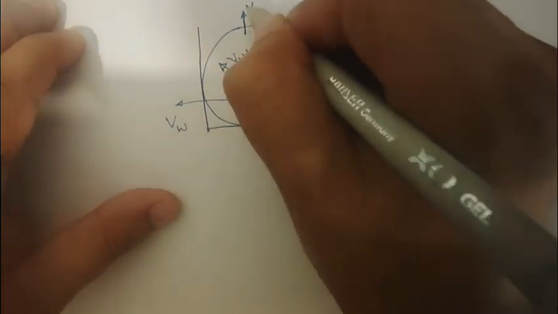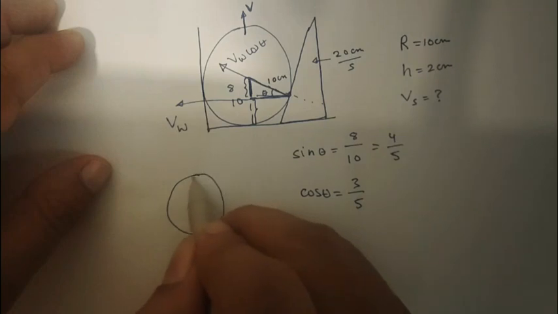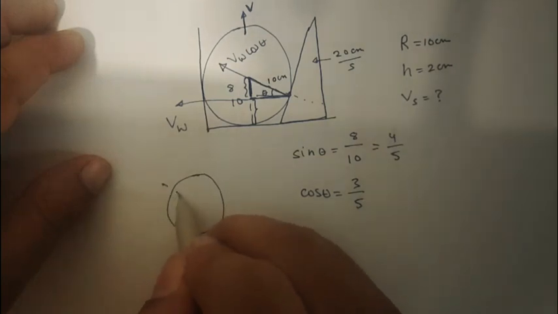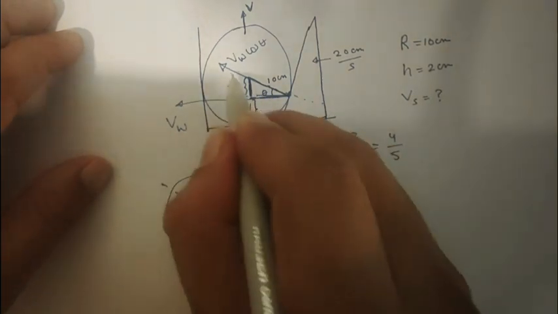Similarly, the velocity of the sphere is this side, up, right? Let me draw it here for clarity. So this is the sphere, this is your normal line, and this point is 2 centimeter above the ground as they told. So this dotted line is this, okay?